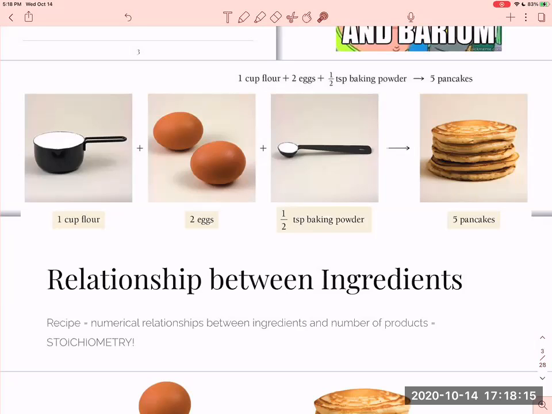So take this recipe, for example, flour, eggs, baking powder, pancakes. So if I were to put 1 cup of flour, 2 eggs, half a tablespoon of baking powder, I'll get 5 pancakes according to this reaction. Okay, so this is kind of like our chemical reaction. Right? According to the one run of reaction, the product is going to be 5 pancakes here.